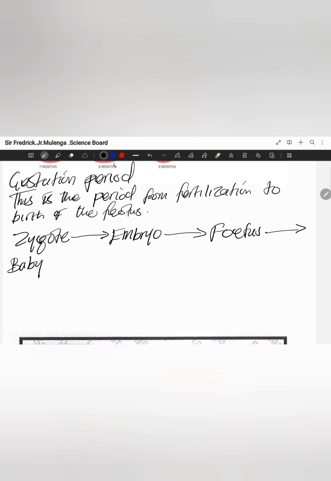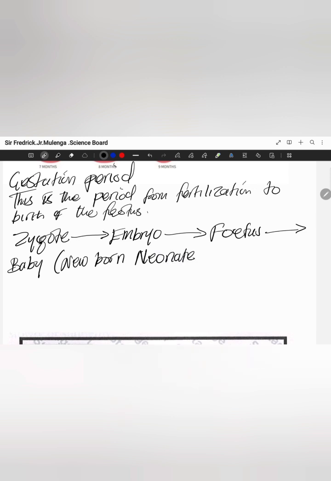What is the correct term that refers to a newborn baby? The other term for a newborn baby, you can pronounce it, is neonate.